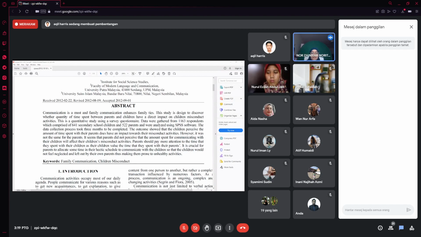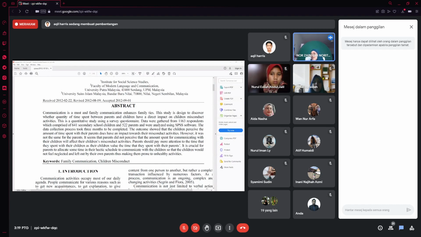I'm sure there will be information on that. What are the samples exactly? Where is it taken? Which school, for example? Where in particular? Maybe in KL, or certain states. Get what I mean or not? Sometimes those are the kind of information that they might furnish you with. It might not be in the abstract, but as you read along, you have more information as to where the sampling is taken.